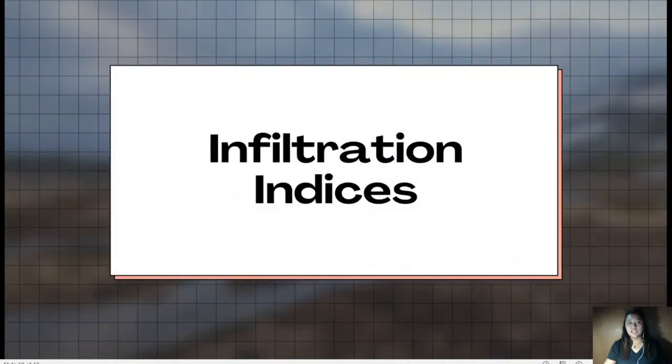So next is the infiltration indices. Infiltration capacity of soil does not remain constant. In hydrological computation, for computing surface runoff and flood discharge, the use of the infiltration capacity curve is not convenient. It is more convenient to use an average constant value of infiltration.